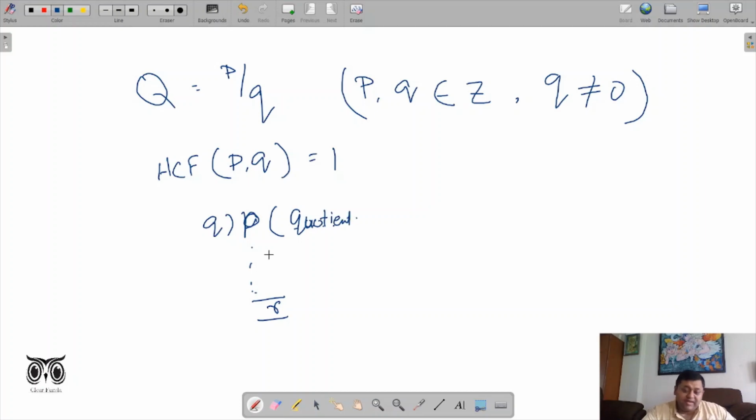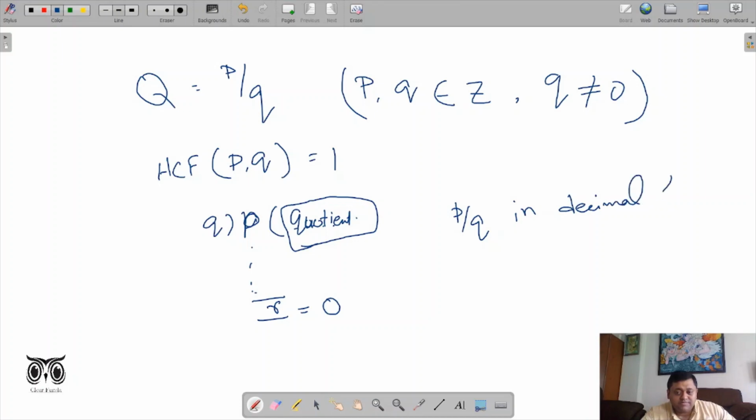So if at a certain point we see that the remainder becomes 0, then the final quotient that we get is called the representation of p by q in decimal form. Okay, so let's check by an example.